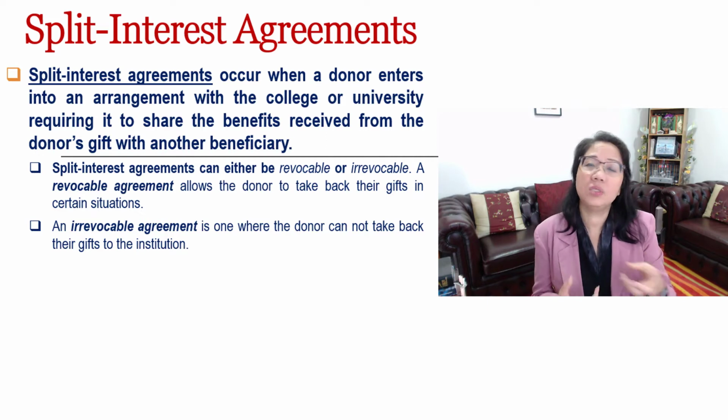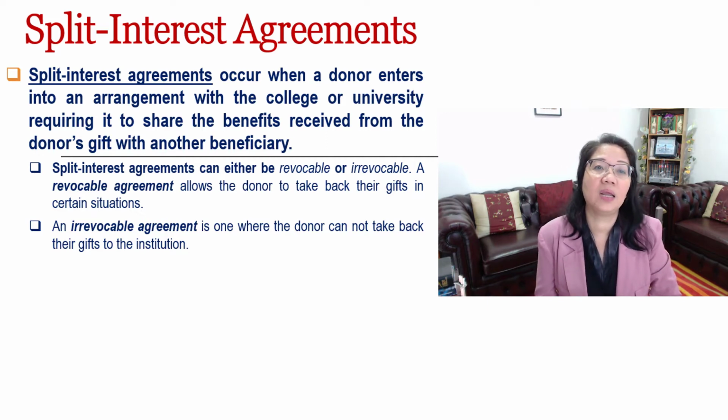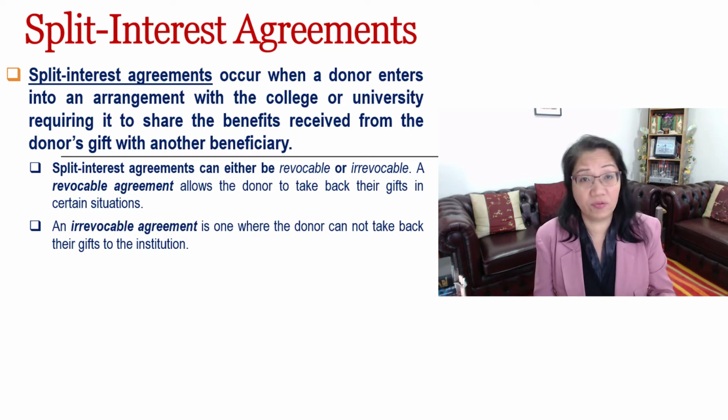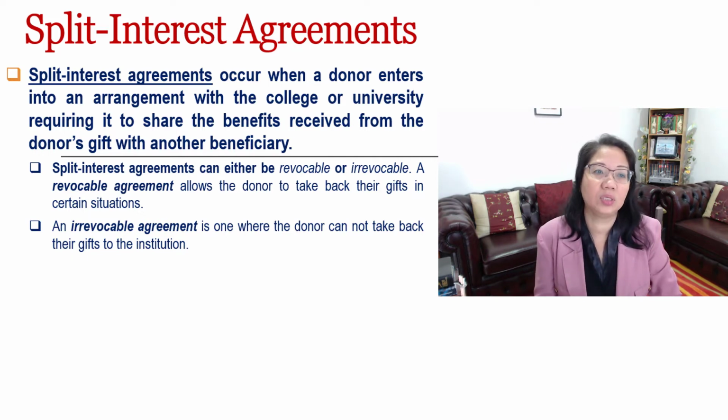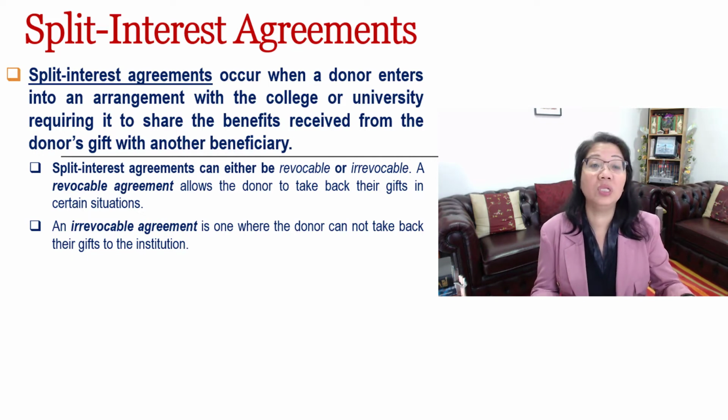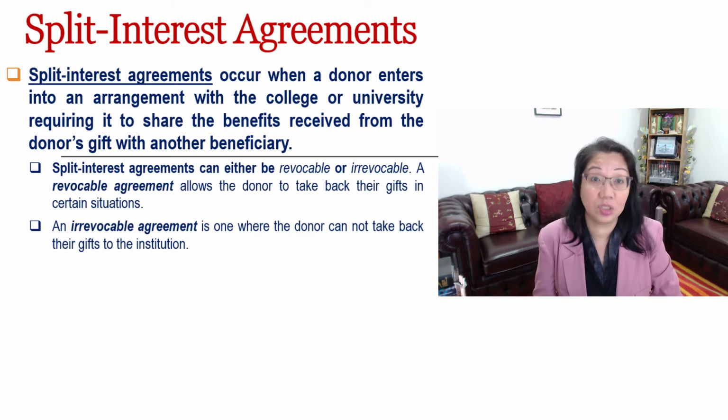All right. So split interest agreements can either be revocable or irrevocable. A revocable agreement will allow the donor to take back their gift in certain situations. And an irrevocable agreement is the opposite. It's one where the donor cannot take back their gifts to the institution.